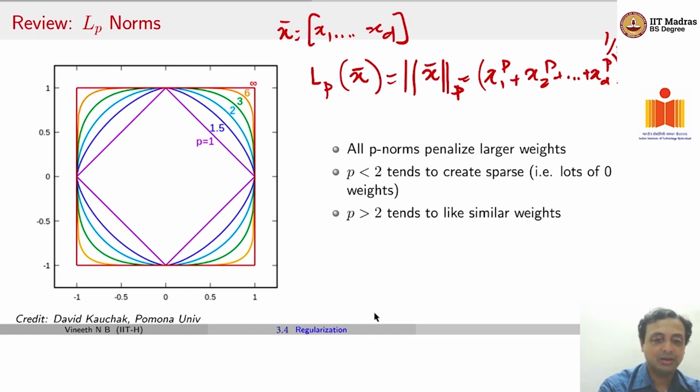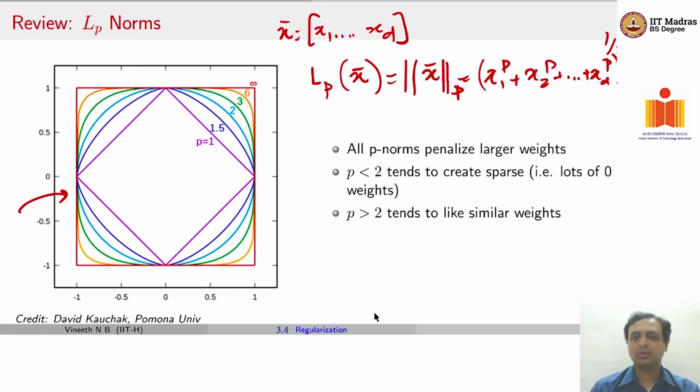So you see here diagrammatically, this is how the unit ball of each of these LP norms look like. If you took the unit ball of L1 norm, it looks like a rhombus. The unit ball of L2 norm will look like a circle, and L infinity norm will look like a square. L infinity norm is given by the max element of that vector.